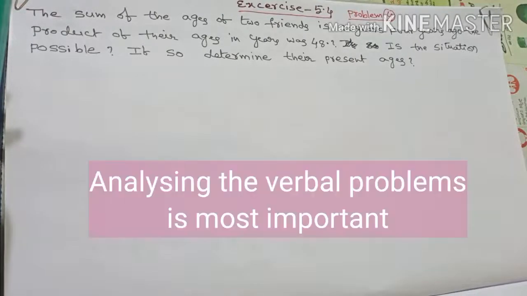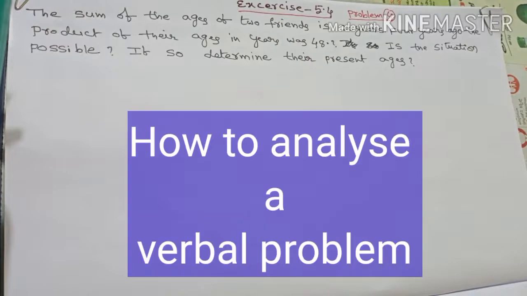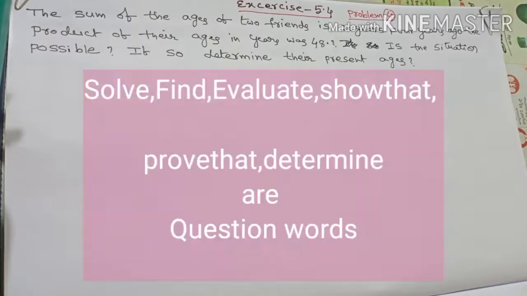So, problem analyzing is a major thing in solving verbal problems. Here, I will go through a detailed explanation of how to analyze the verbal problem. First of all, as usual, you have to find out what the question word is. In my previous videos, I have already told what the question words are. In general mathematics: solve, find, evaluate, show that, prove that, determine.